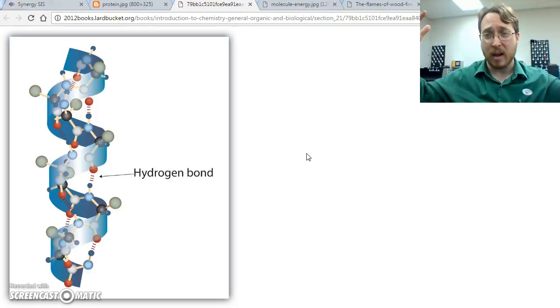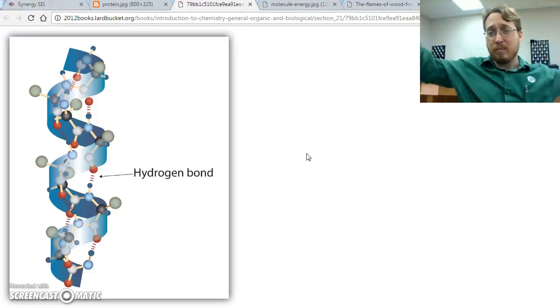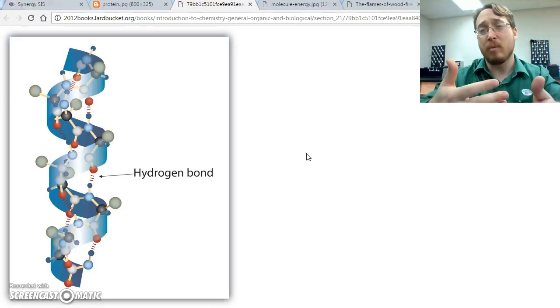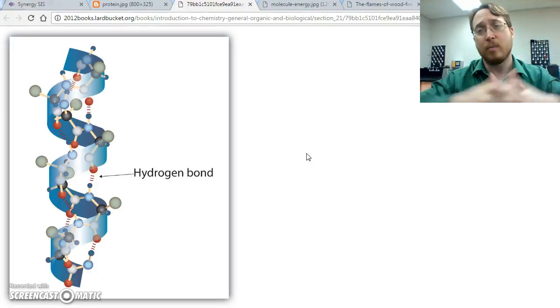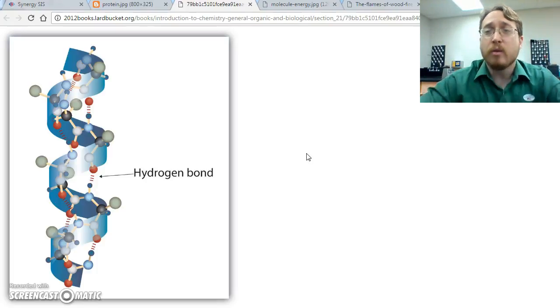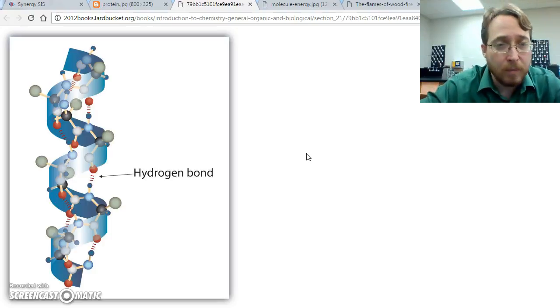And so now they are not bound to each other. They're zooming around out here, far apart from each other, not attracted to each other. And that can contribute to unfolding, and when that happens, the protein loses its function, and it's not going to be able to do whatever the cell needs it to do. So regulating temperature is very important for the cell so that the proteins are in the right condition to work. That is one factor that contributes to denaturing.